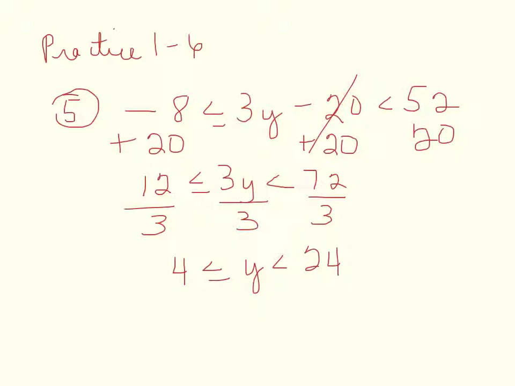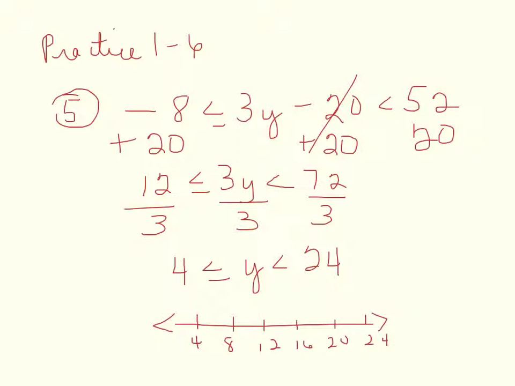Now, since this is an and compound inequality, I'm supposed to graph this. All right, so my smallest number is 4. So I'm going to go by 4s. 4, 8, 12, 16, 20, 24.